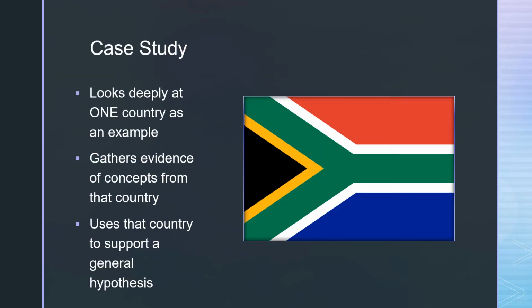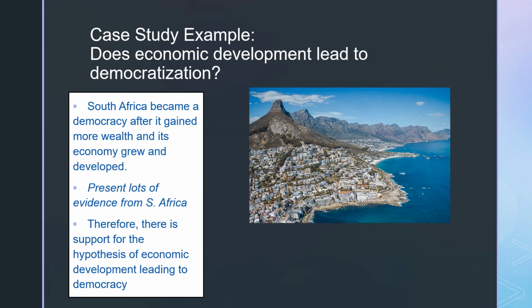The first type of research design is the case study design, and this looks deeply at just one country as an example. It gathers lots and lots of evidence of the concepts from that country, and it uses that country to support a general hypothesis. An example of a case study would be to take a version of our hypothesis and apply it to one country, South Africa.